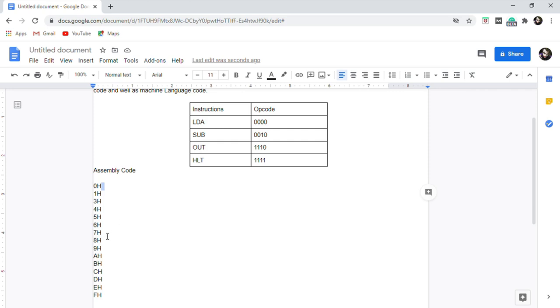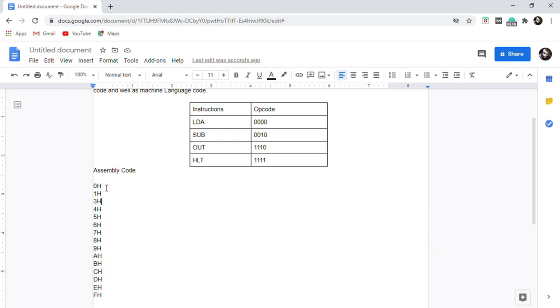The first 8 addresses, 0 to 7, are here for loading the addresses, not the actual data. The actual data are loaded after the 8H memory addresses.